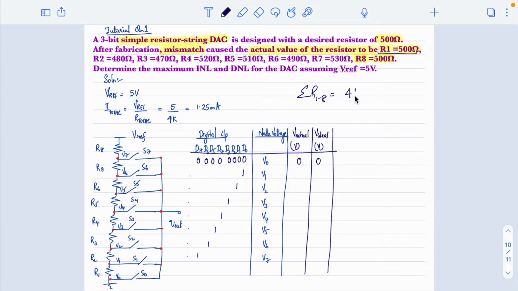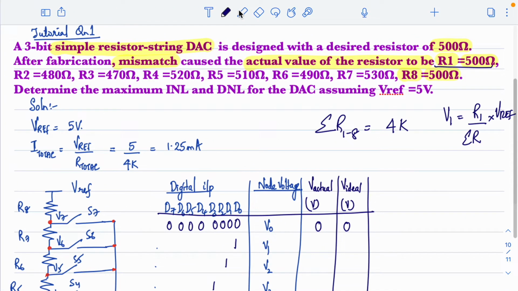So for every node voltage, for example V1, it is equal to the corresponding resistor, which is R1, divided by the summation of R, into Vref. This is the formula we will be using, right?